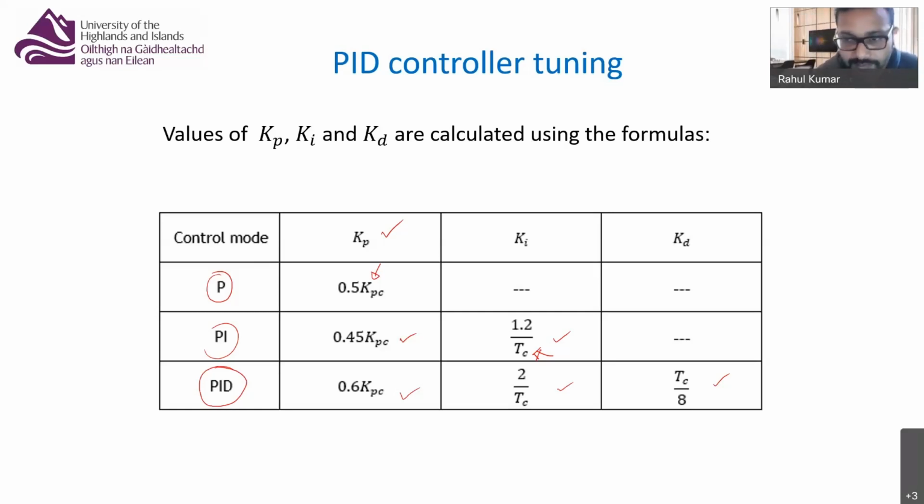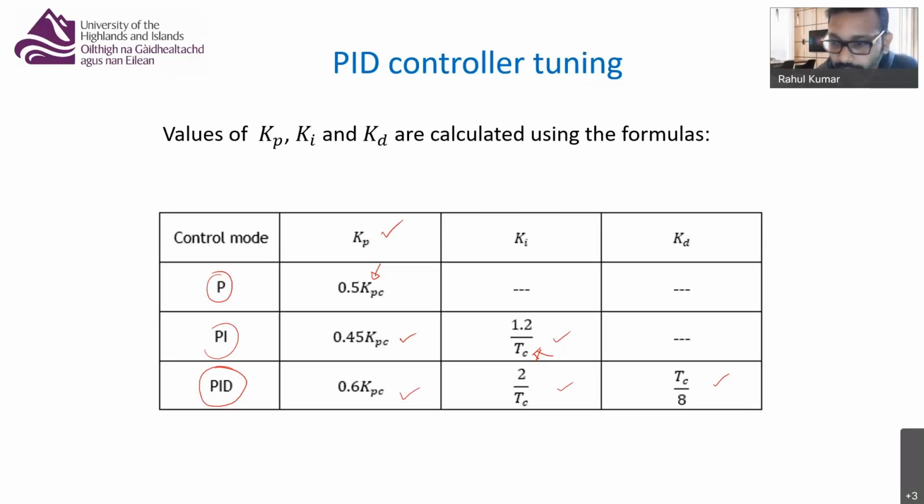All these equations are given. Maybe in your coursework you would need to use these methods to design a PID and tune it, right? So either of the two methods you have to use. Depending on whether your system is closed loop or open loop, you can select one of the two methods and tune your PID.